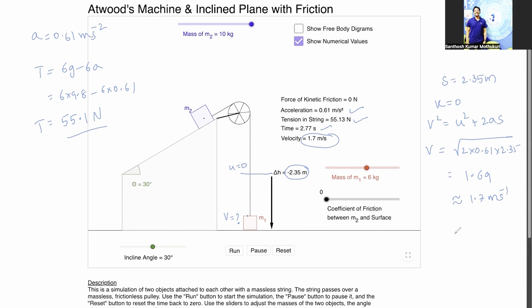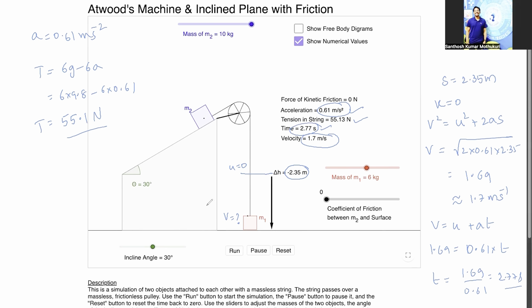Now for the time, we can use any equation of motion, v is equal to u plus at. 1.69 is equal to 0 plus acceleration, which is 0.61, times t. So t is equal to 1.69 by 0.61. The answer is 2.77. So exactly 2.77 seconds it falls down.